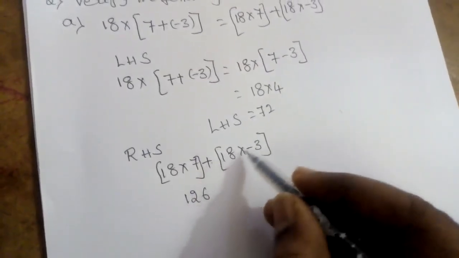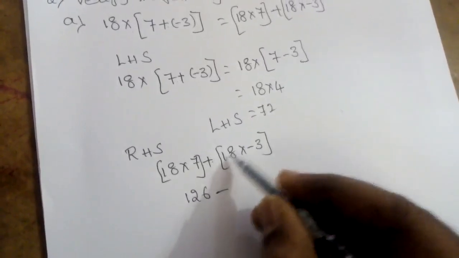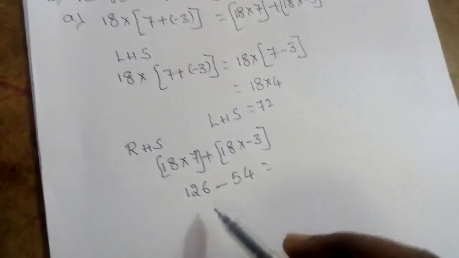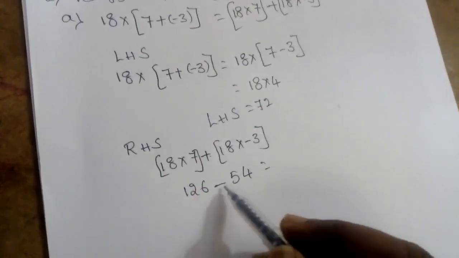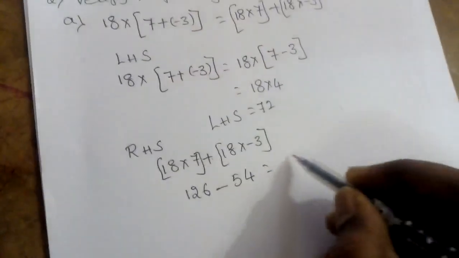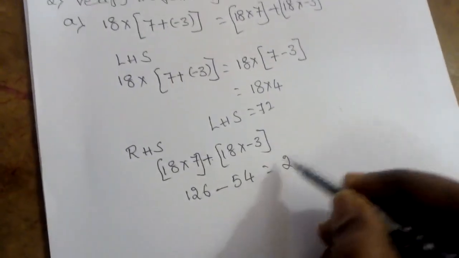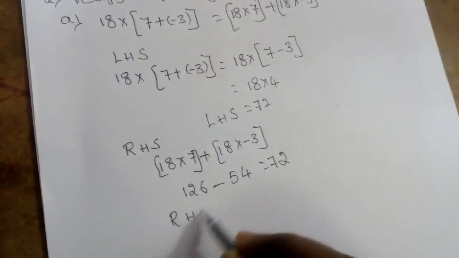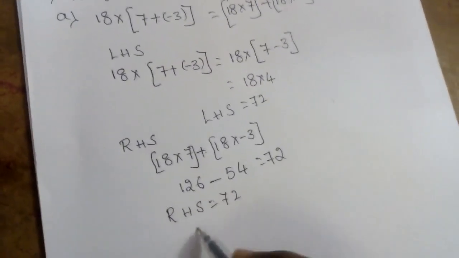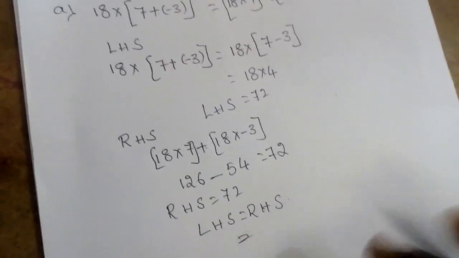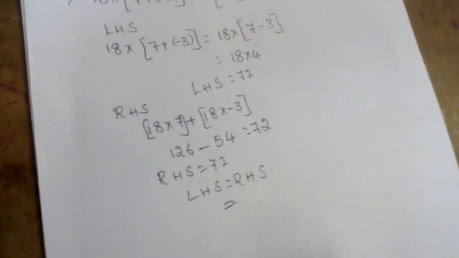Plus into minus is minus. 18 into 3 is 54. Go to subtraction, 126 minus 54 is 72. RHS also we get 72. So LHS equals RHS, both are equal. So verification of the A question is satisfied.